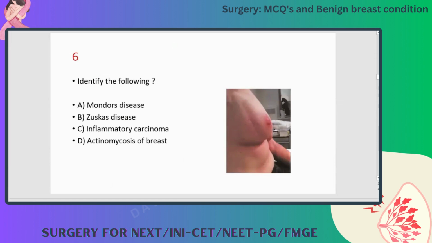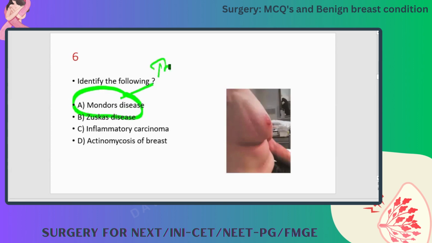Identify the following. This picture is not clear, but it is taken from Bailey directly. Actinomycosis? No, Mondor's disease. Yes, it is Mondor's disease.